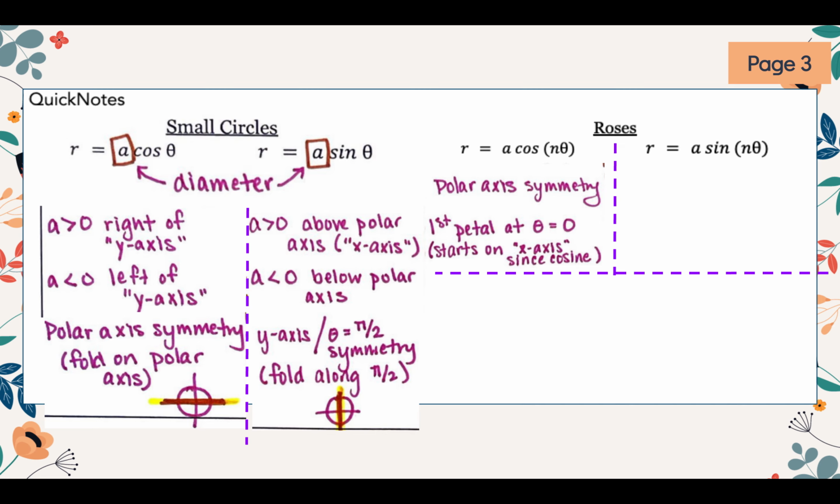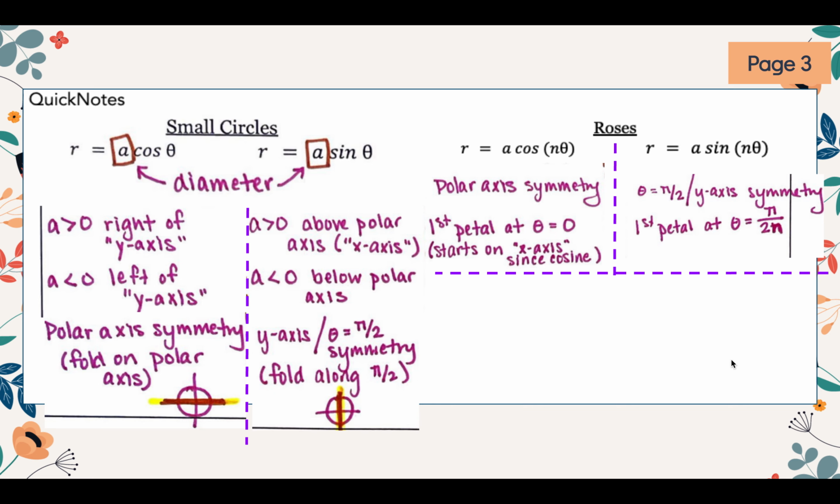The difference is if our A value is negative, remember negative will flip to the opposite side, so on the left side. And if our A value is positive, it'll start at theta equals 0. Then for sine, we have y-axis symmetry or pi over 2 symmetry. And our first petal for this one is going to be pi divided by 2n.